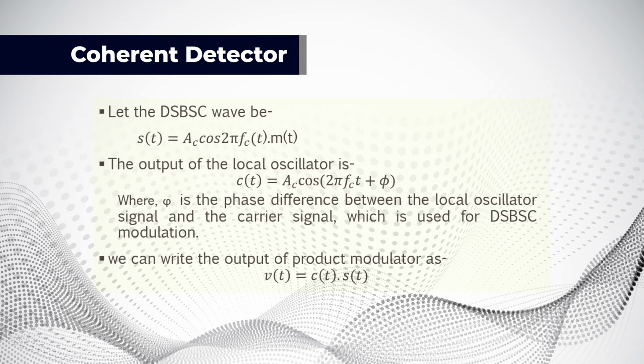The output of the local oscillator is given by c(t) equal to Ac cos(2πfct plus φ), where φ is the phase difference between the local oscillator signal and the carrier signal which is being used for DSB-SC modulation. We can write the output of the product modulator as the product of these two inputs, that is v(t) is equal to c(t) into s(t).